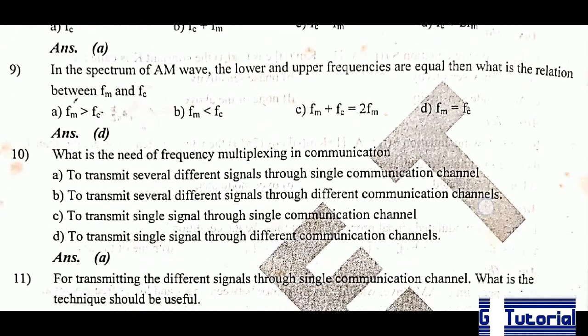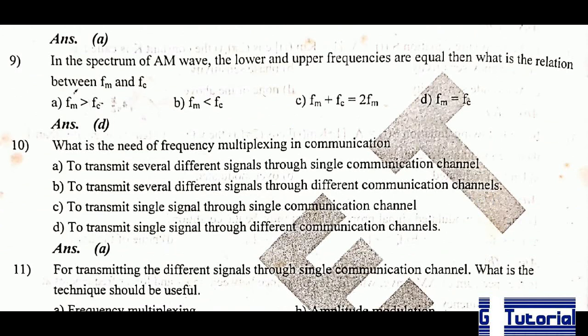Next question. What is the need of frequency multiplexing in communication? Multiplexing means transmitting different signals through the same channel at a time. So the need of frequency multiplexing is actually option A, to transmit several different signals through single communication channel.